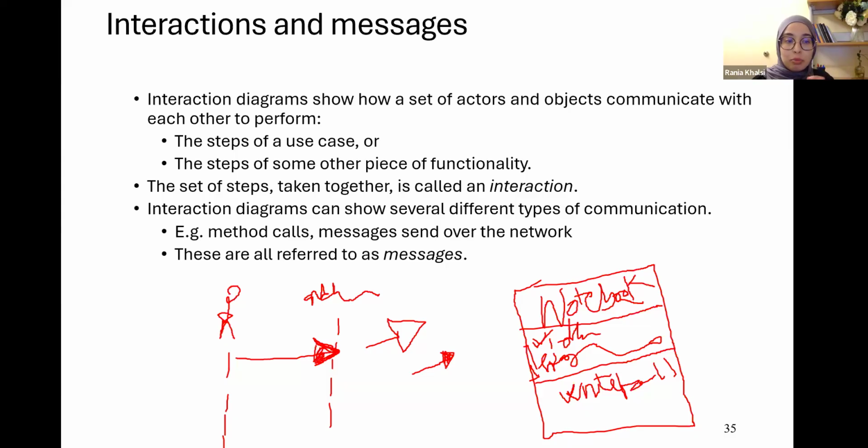I will probably teach you more about this, and we will see all the details, but for now just leave it and focus on this: if the user has an arrow towards an object, it means that object executes that method, or has the implementation of that function, and that function, as you can see here in the class diagram, is implemented. So when you have your class diagram, it's easy to translate it into a sequence diagram.